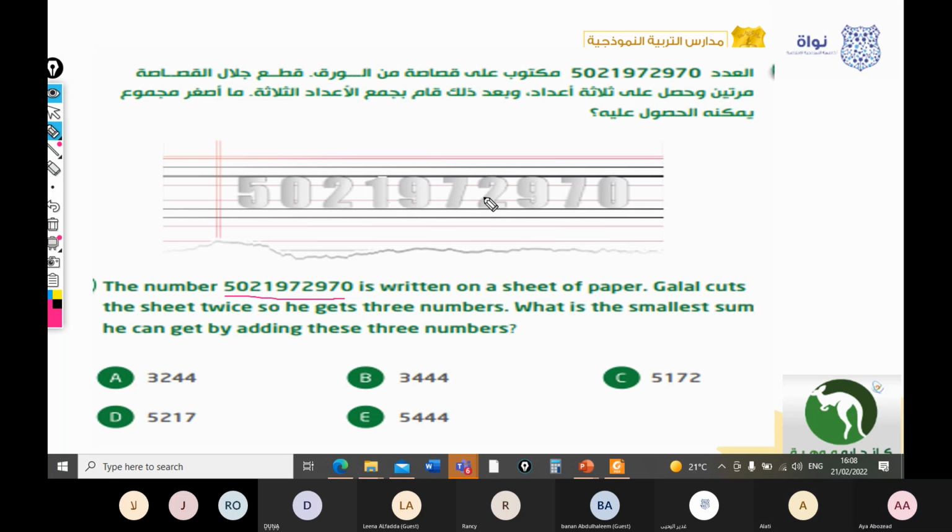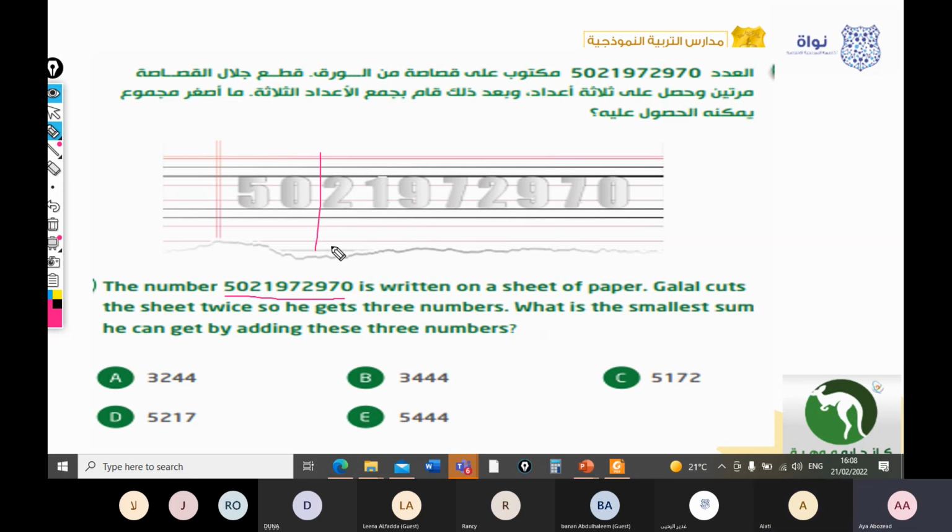Again, please. Sorry, Ati, again, you cut between which 2 numbers? 50 and 2. 21, I mean. 50 and 2. So you cut here? Yeah.